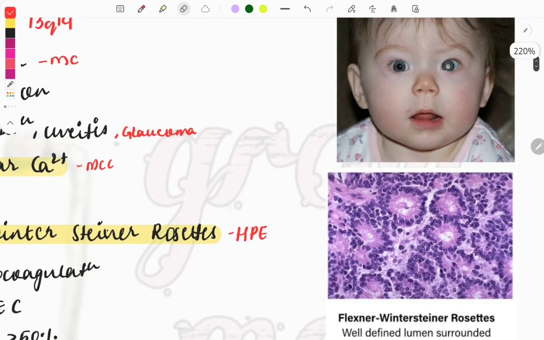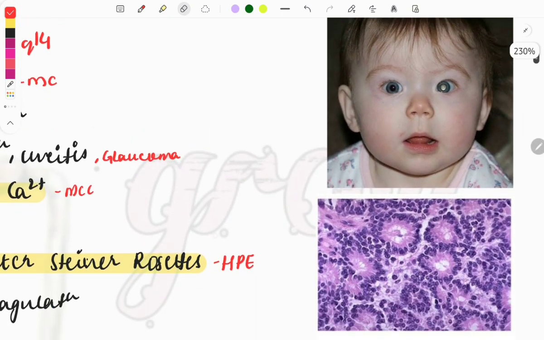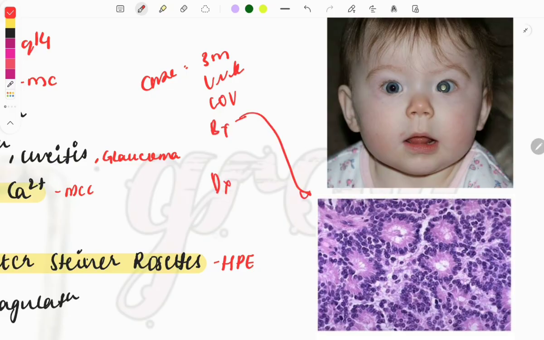Do remember both the images, because both are very important. They can give a clinical case describing the features, like a child of 3 months presents with leukocoria, loss of vision, and on biopsy you can see this given image. What is the diagnosis? It will be retinoblastoma obviously.